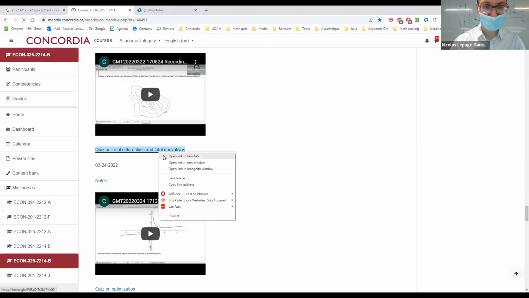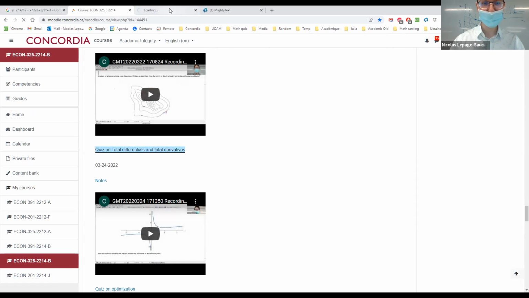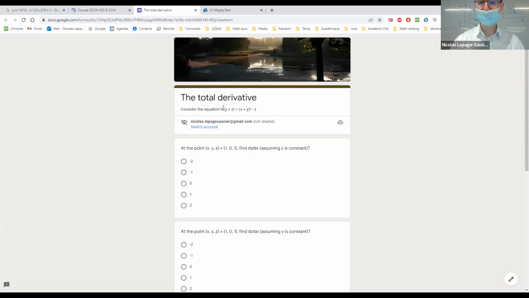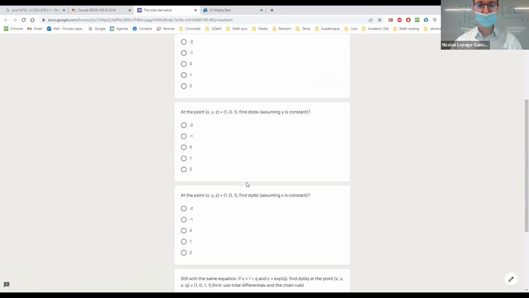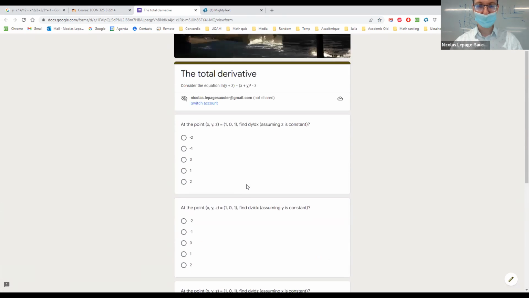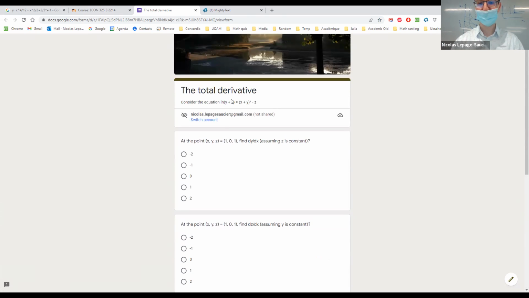Total derivatives, I remember last time students found it challenging. So it's a neat exercise on total derivatives, computing derivatives. You have logs there. I think maybe we did something similar in class. So what I suggest is change it somehow and practice computing total derivatives.